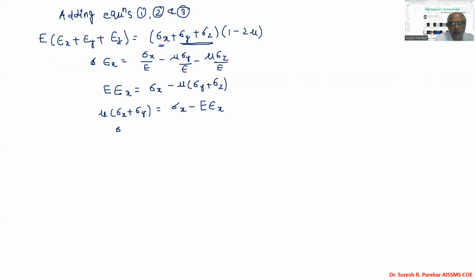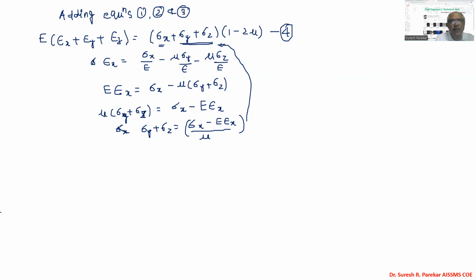Now if I take mu on this side, we will get sigma y plus sigma z equal to sigma x minus E epsilon x divided by mu. And now we will put this value. If I mention this as equation 4, I have to substitute this value of sigma y plus sigma z in the other equation.